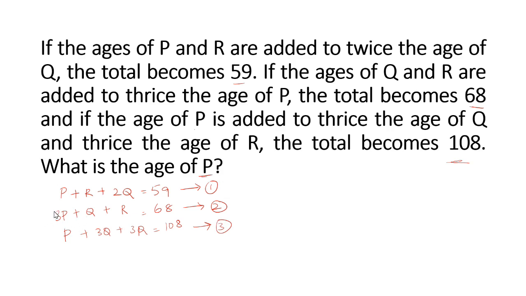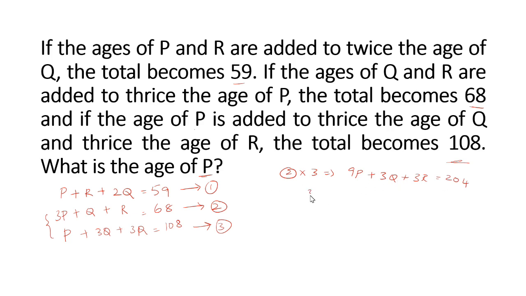To solve this problem, I am considering equations 2 and 3 so that we can eliminate the variables Q and R. Multiplying equation 2 by the factor 3, it provides 9P plus 3Q plus 3R is equal to 204.